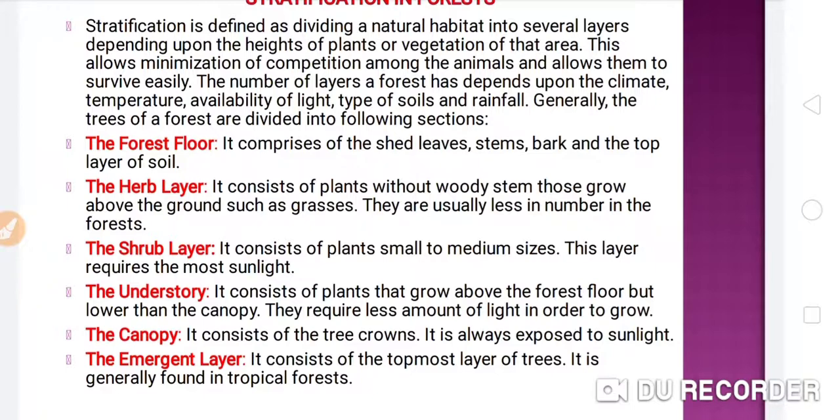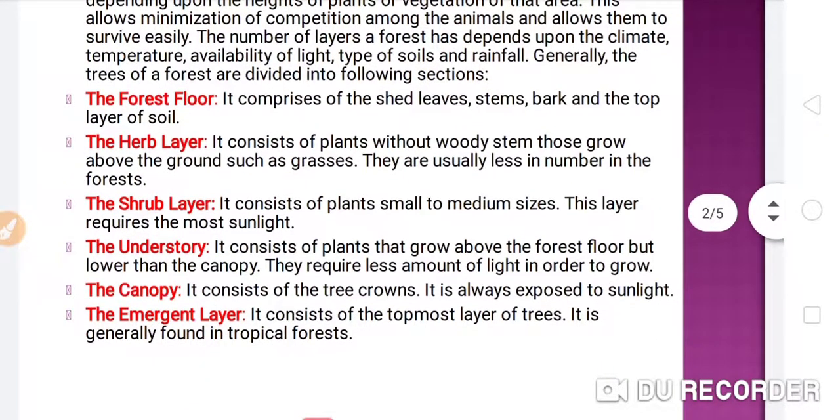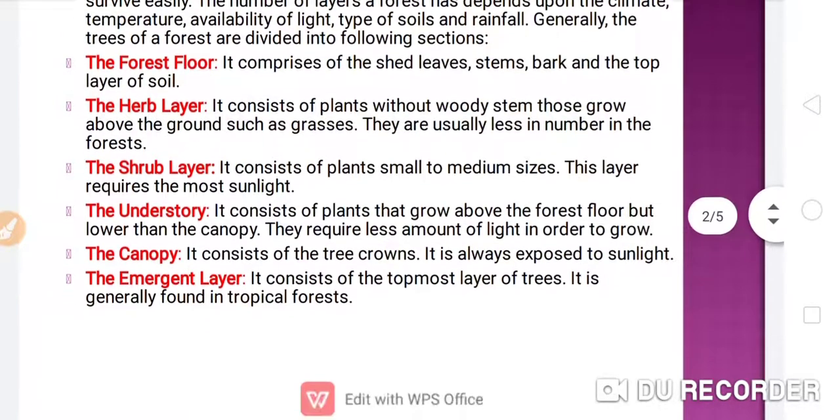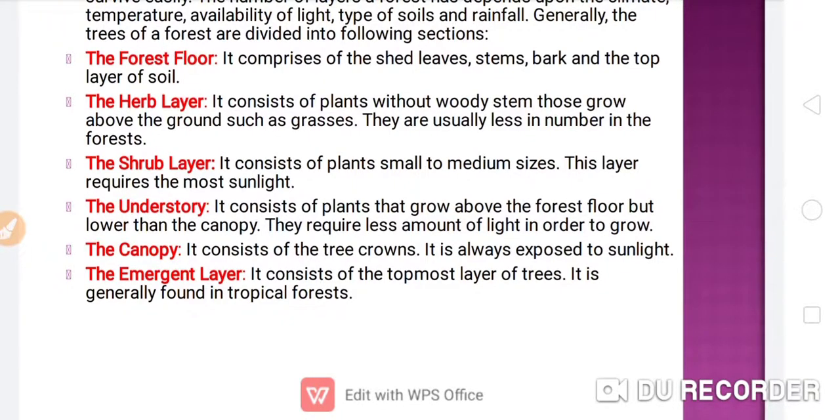It consists of plants of small to medium size, so you will find a variation in the plants, shrubs having a different range. This layer requires the most sunlight.